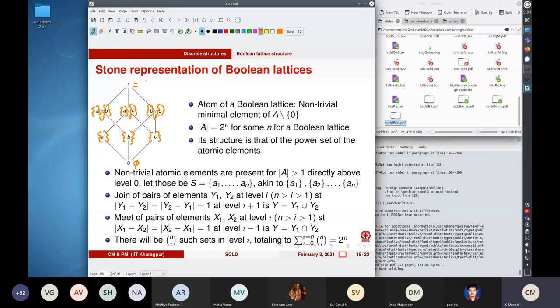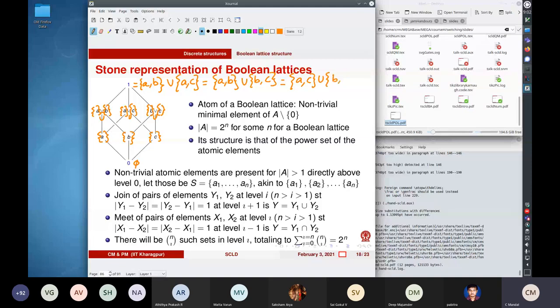So A union B is of course AB union AC is equal to AB union BC is equal to AC union BC.